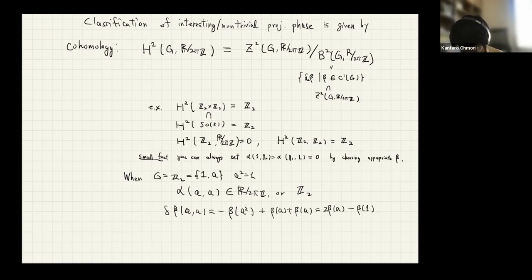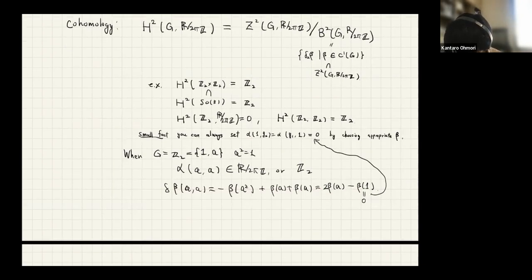If beta 1 is non-zero, that destroys the condition, so we set beta 1 equals 0 to preserve it. So it's 2 times beta a.